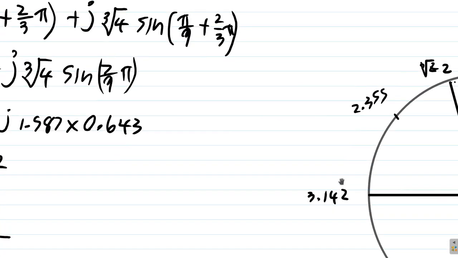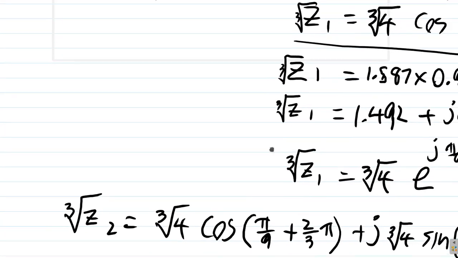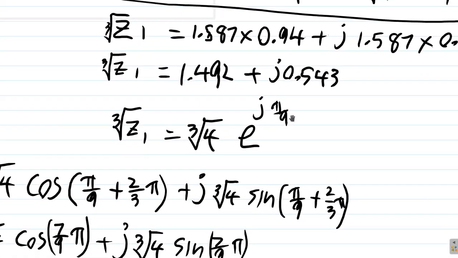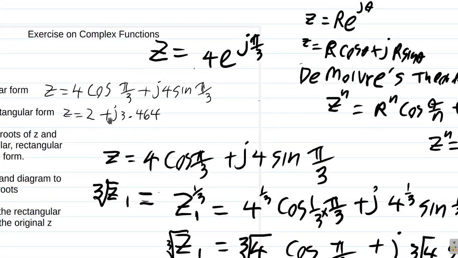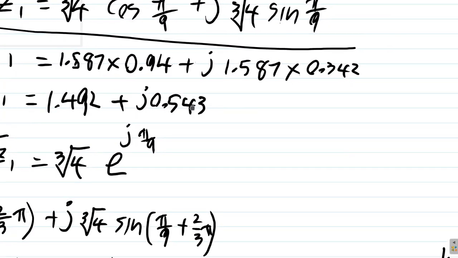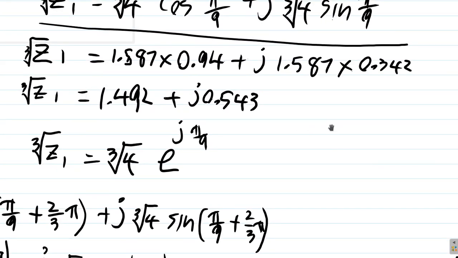Now, the last thing I'd ask you to do is to cube one of the rectangular forms to see if you will get the original rectangular form, 2 plus j 3.464. Let's use this one.